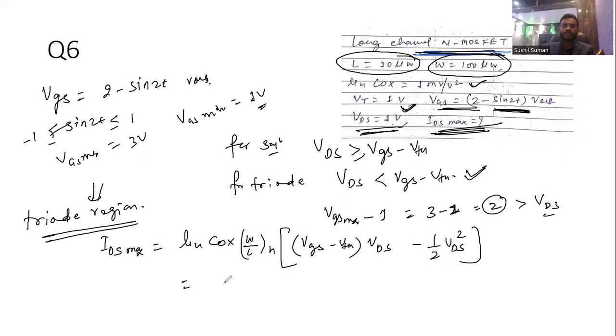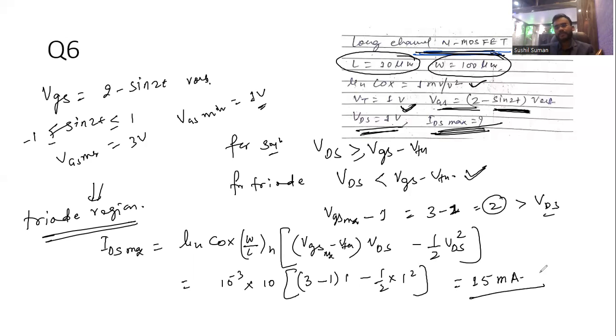So this becomes 10 to the power minus 3, W by Ln is 10, VGS maximum, so 3 minus 1 into 1 minus half into 1 square. Just solve it and you will get the answer: 15 milliampere. So the answer is 15 milliampere.